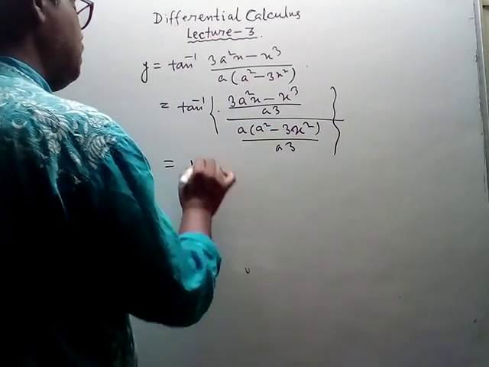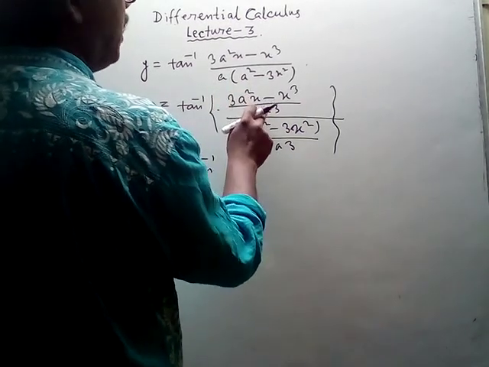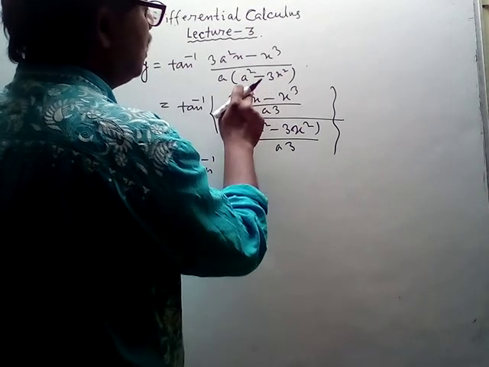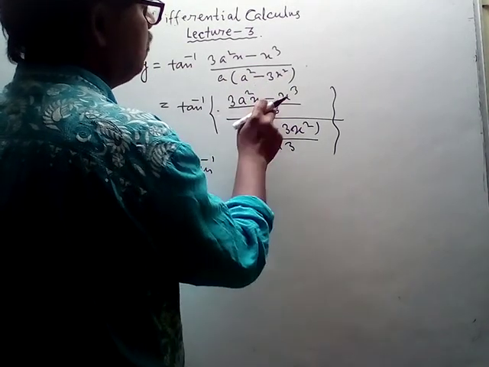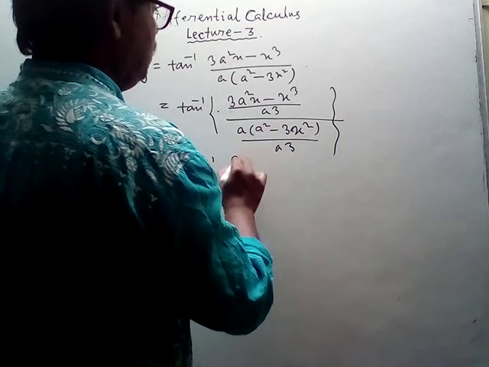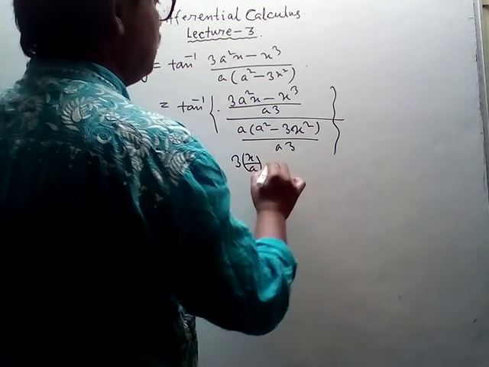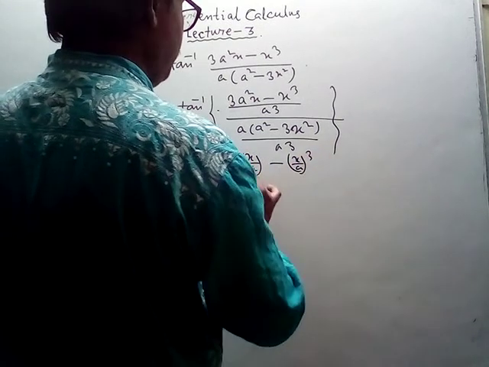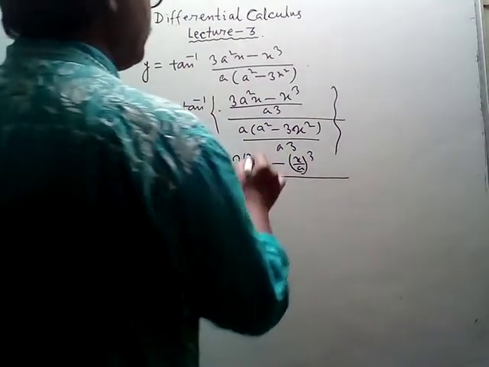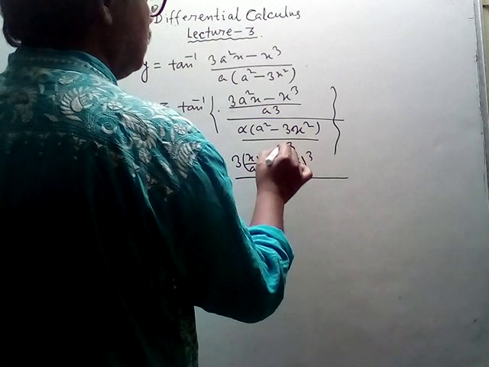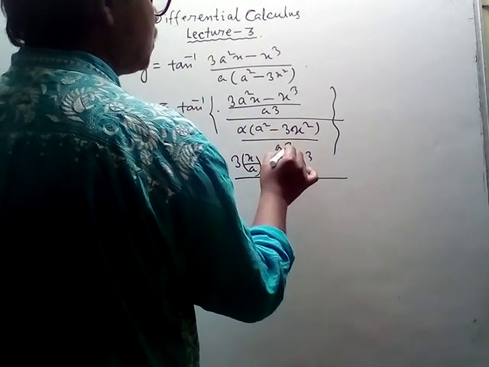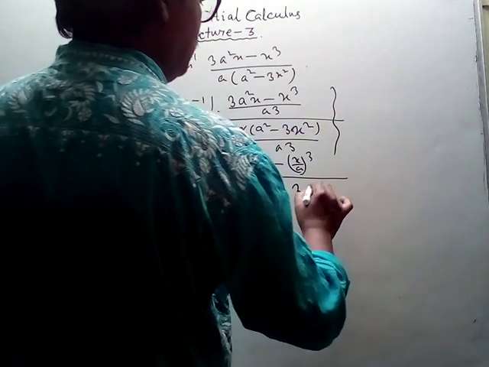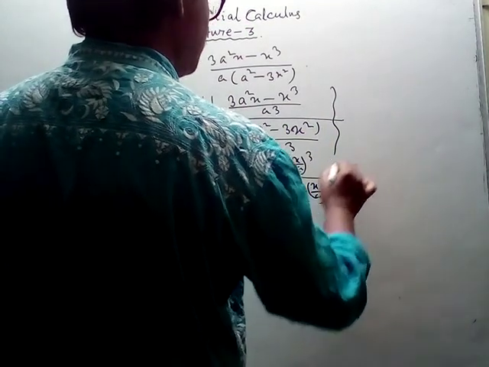This equals tan inverse of 3 x by a minus x cube by a cube, meaning (x by a) whole cube, divided by 1 minus 3 (x by a) whole square.